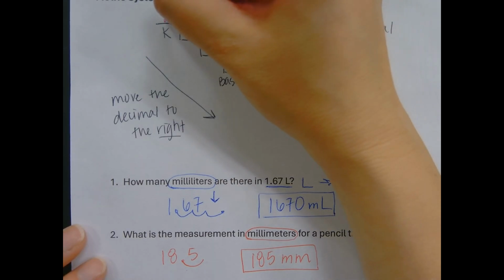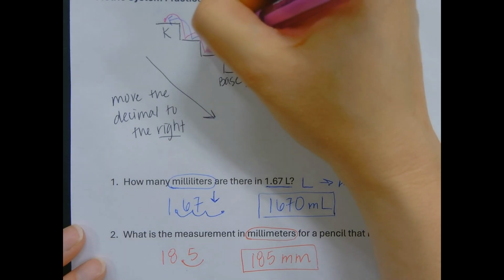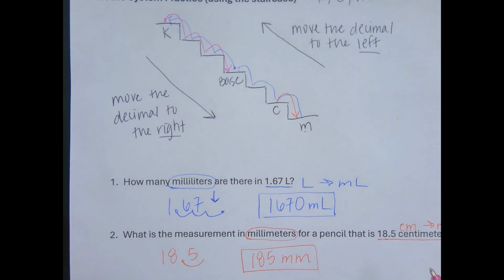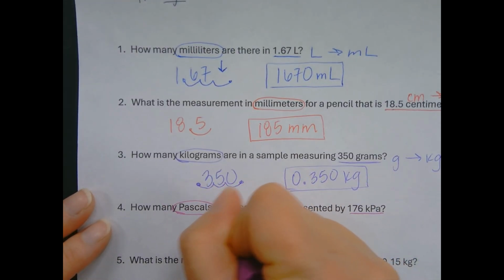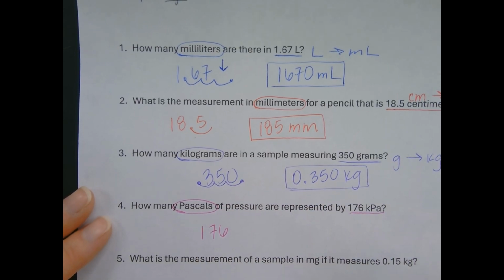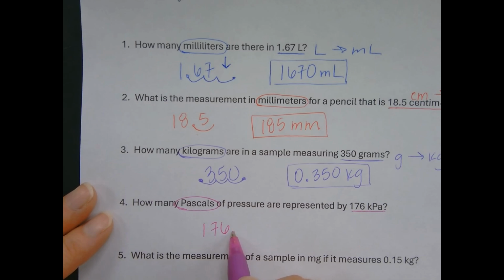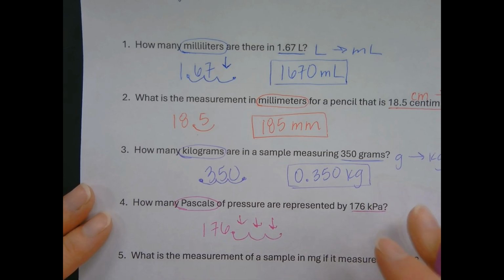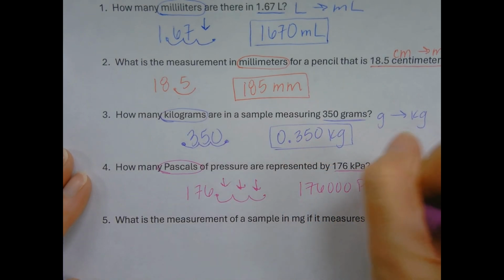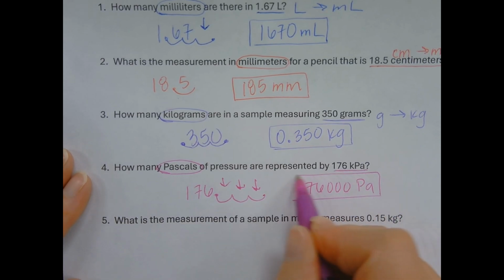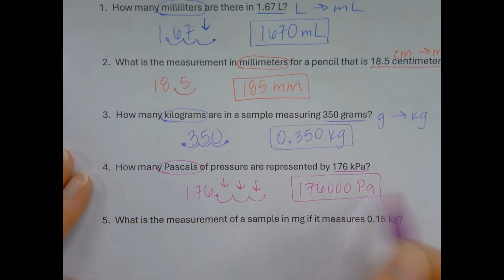So we're going to drop down 1, 2, 3 times to the base unit, which means I'm going to move my decimal 3 times to the right. My decimal's at the end, so I move it 3 times to the right: 1, 2, 3. There is a 0 that we put in for each of these places. So our answer is 176,000 pascals. And remember, for every number, you also have a unit.